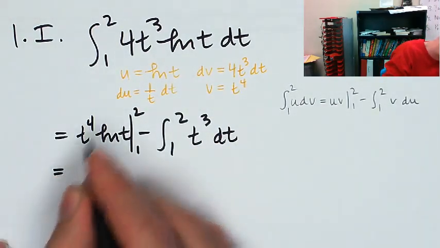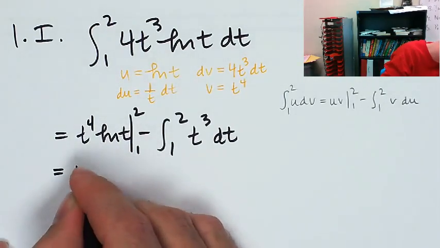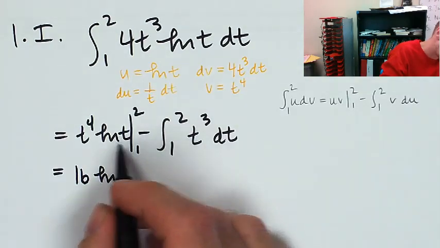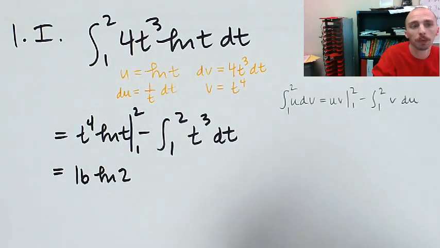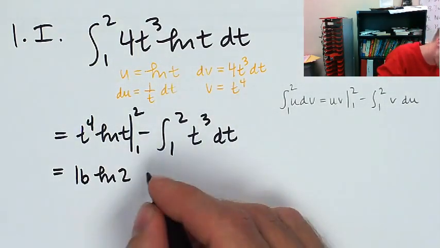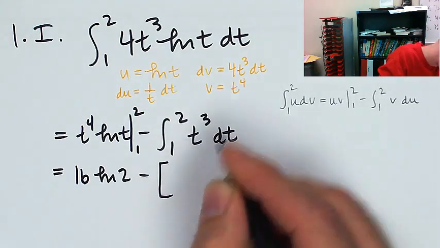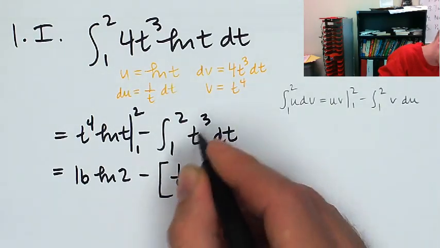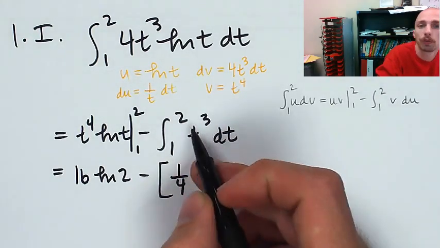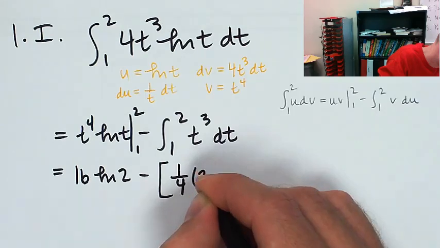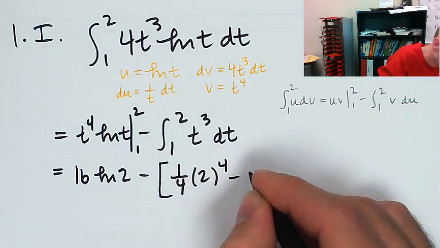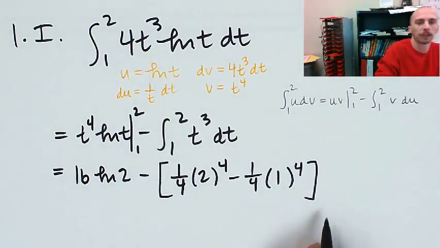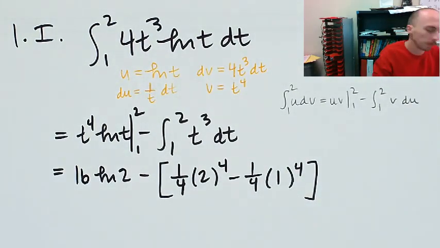So this is 16 log of 2 minus, when I plug in 1, I get 1 times the log of 1, which is 0, so I'll leave that as it is, minus 1/4 t to the fourth. Since this is an easy enough antiderivative, I'm going to do it all in one go. That's going to be a suitable answer for our purposes.